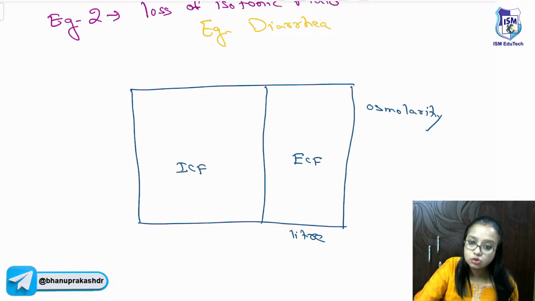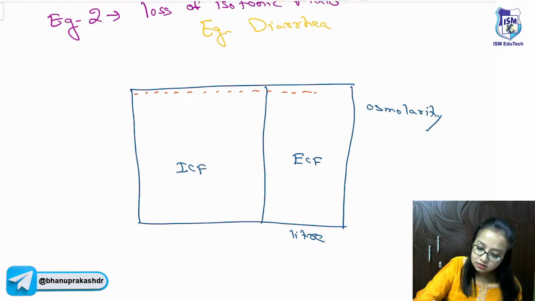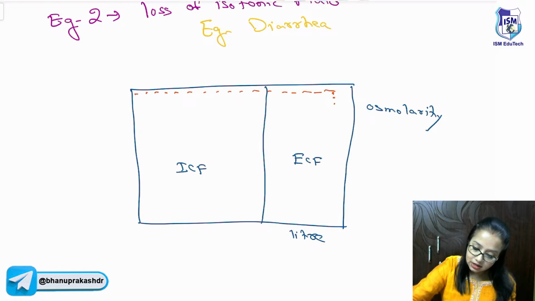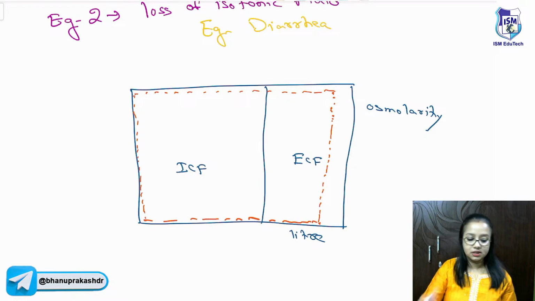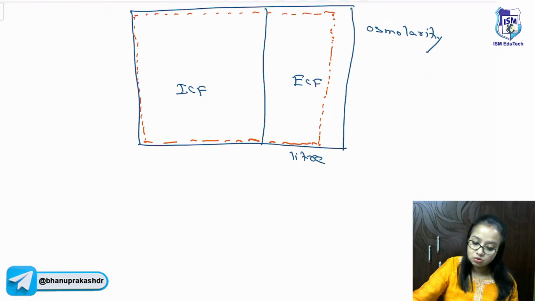Since it is isotonic, the osmolarity will not change. There will be no up and down in the osmolarity scale. Only there will be a reduction in the volume of the extracellular fluid.